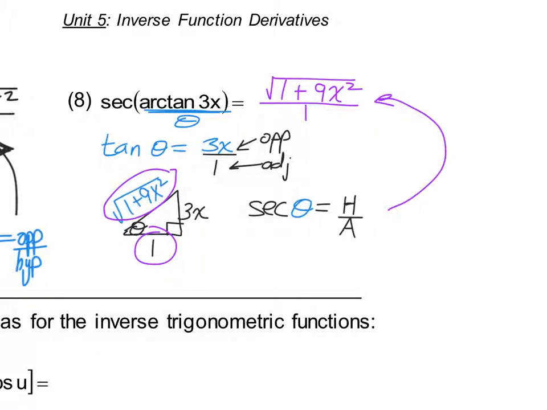When you start getting into secants and cosecants when taking the derivative, algebraic expressions, a substitution might make more sense because the derivative of secant of just x is secant x tangent x. So if I were taking the derivative of this, it would be secant of the arctangent of 3x times tangent of the arctangent of 3x, that part will actually be nice, times the derivative of the arctangent of 3x.